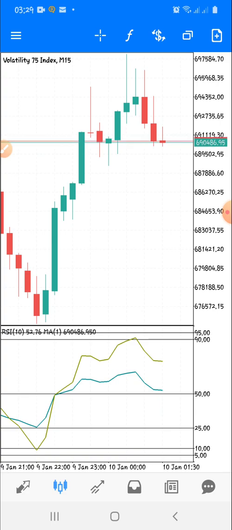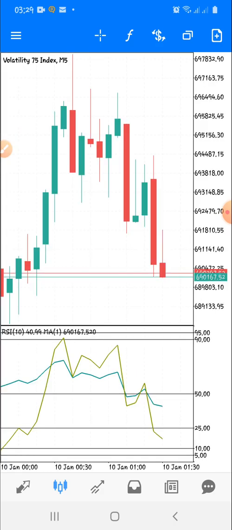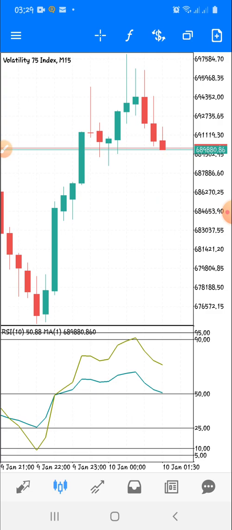With this strategy you'll make reasonable profits, but you specifically use the lower time frame. I personally specialize in using the 15 minutes time frame to enter and exit my trades.